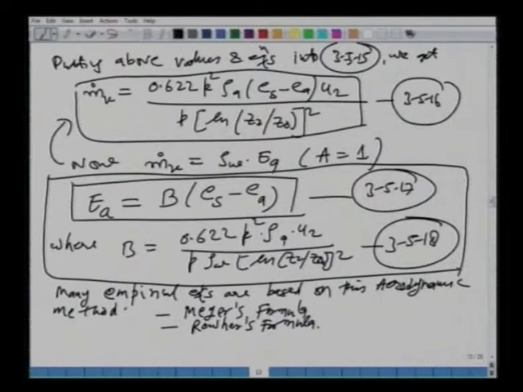Now, what we will do is we will move on and look at what is called the combination of these two methods. So, we have looked at two analytical methods, one is the energy balance method, and the other one is the aerodynamic. All right.